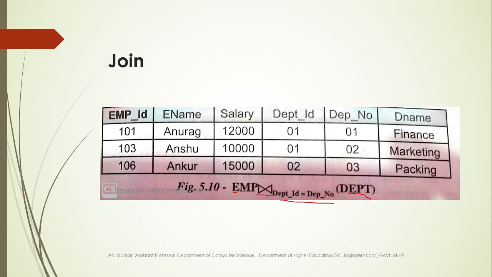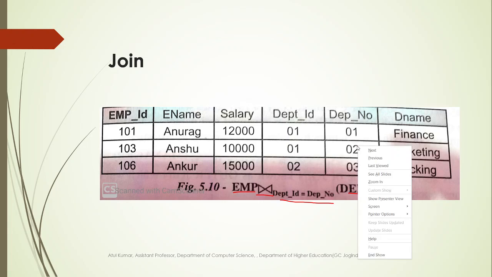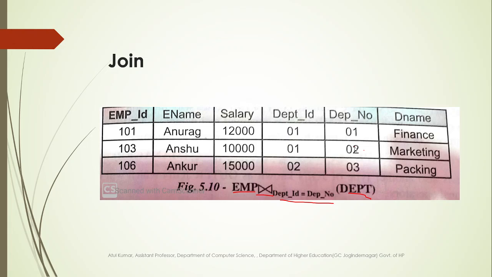So there is some problem in this example here. If we are applying a join, this should be 1. There is a mistake in this example, so this should be 1, and department id should be equal to department number, so this should be 2.